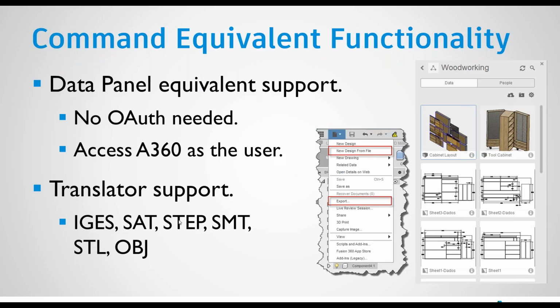I'm limited to a fairly small number of formats, so to do more than that, I can use the Model Derivative API. Since Fusion is saving the files to A360, the Fusion file is already there, so I can use the Model Derivative API to export it in a lot of other formats.